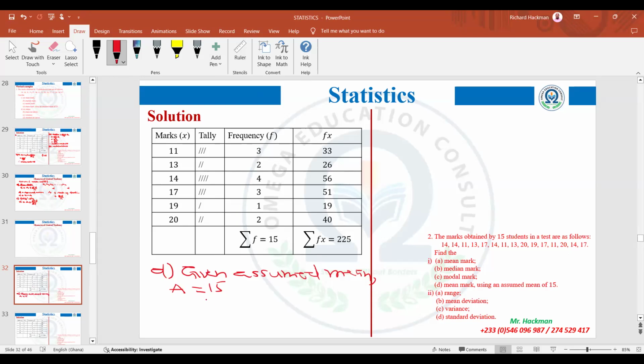So from your ungrouped frequency distribution table, you know that your mean, x bar, using the assumed mean, will be equal to A plus sigma FD all over sigma F. Is that clear? Is my point well made?